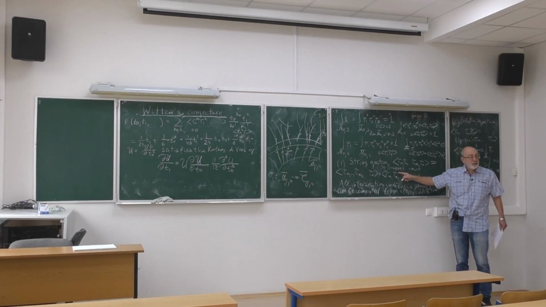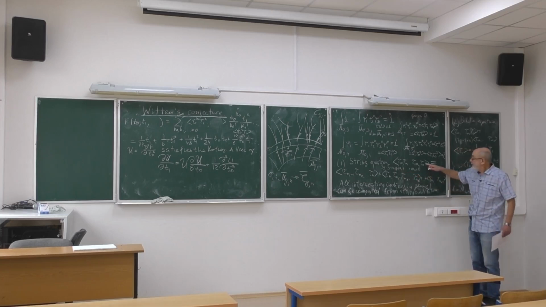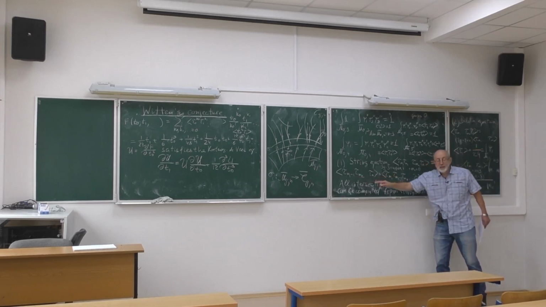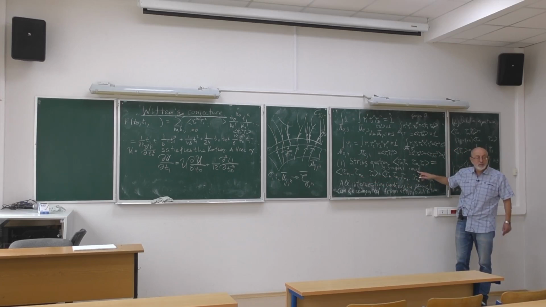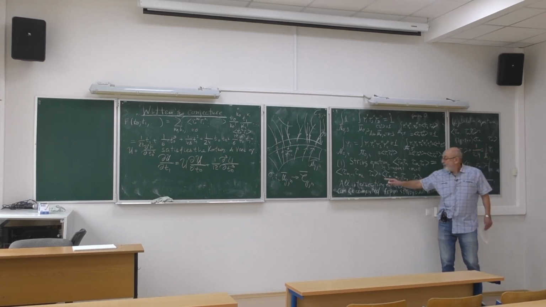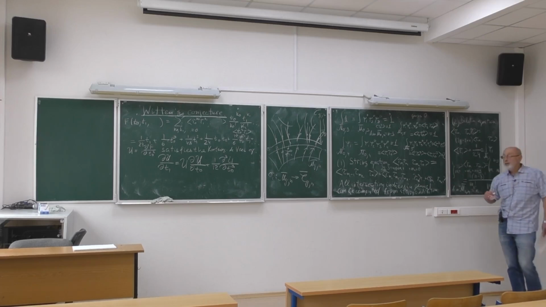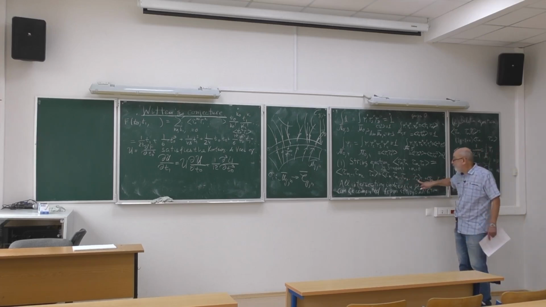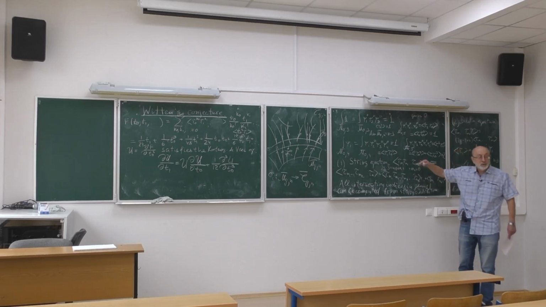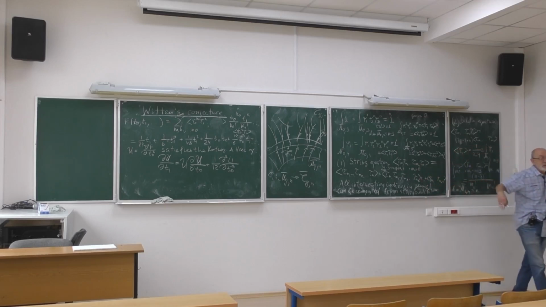We have n plus 1 marked points. And if we eliminate one marked point and subtract 1 from one of the indices, then we obtain the same value of g. The genus does not change. We have one marked point less, but the sum of indices also is decreased by 1.